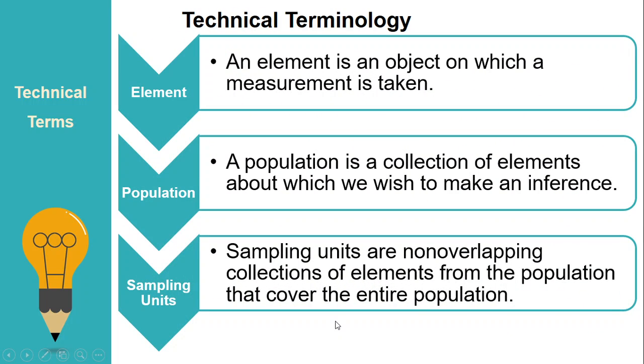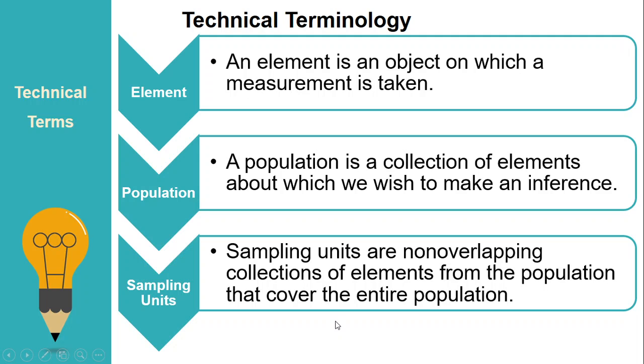Here are some other technical words. An element is an object on which a measurement is taken. This is the element definition: the object on which we want to take a measurement is called the element.